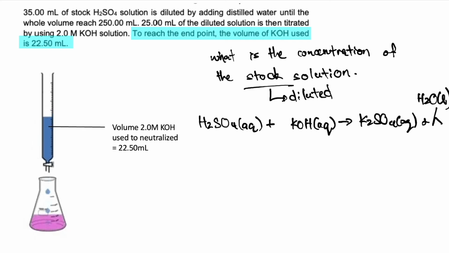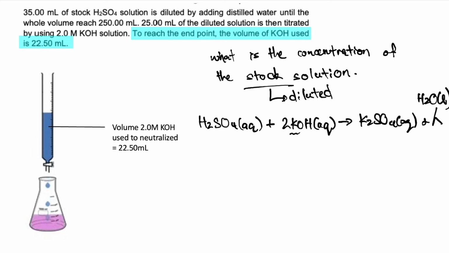Okay, so why is it so important for us to write the chemical equation? Because we want to see whether the stoichiometry is different or the same. So in this case, it's not the same, because we're gonna get 2 KOH. So 2 mole of KOH react with 1 mole of H2SO4.